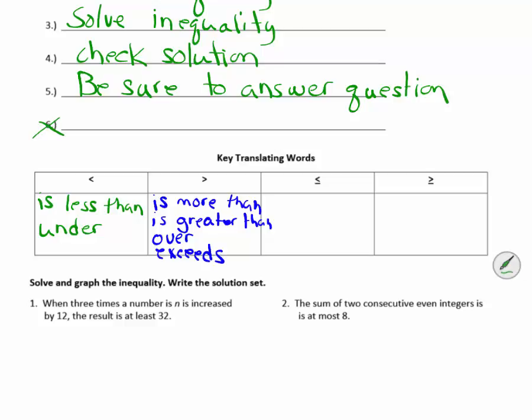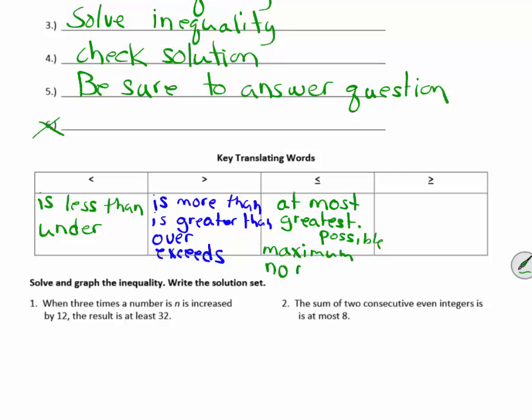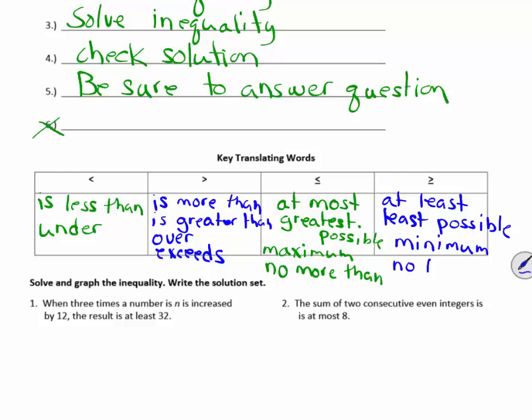For less than or equal to, at most, greatest possible, maximum, or no more than. And for greater than or equal to, you're going to see at least, least possible, minimum, and no less than.